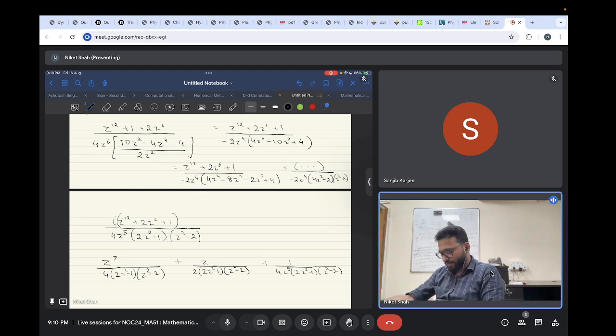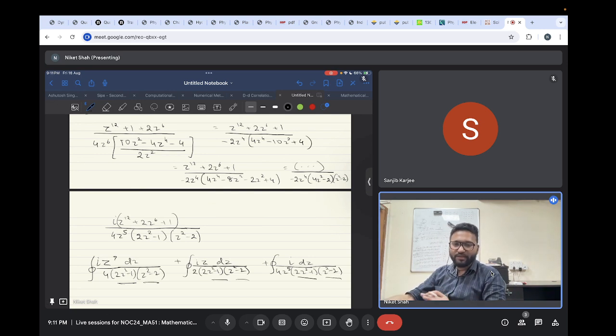So you divided this, again all will have dz, and there is i. This is all over the circle part. So now you can see what poles lie inside, what poles lie outside, and simply evaluate this. There is nothing more to do here.